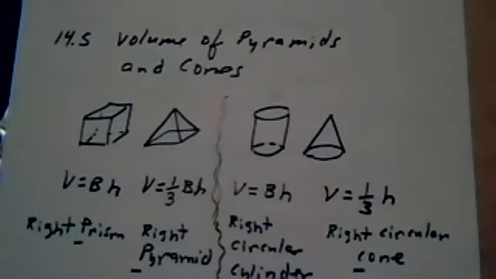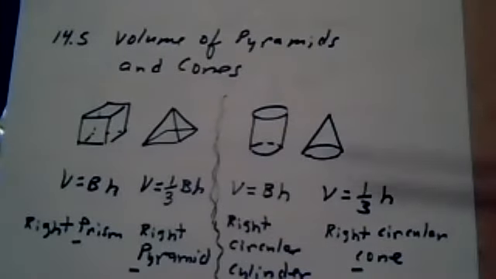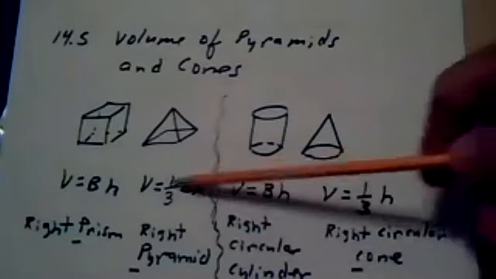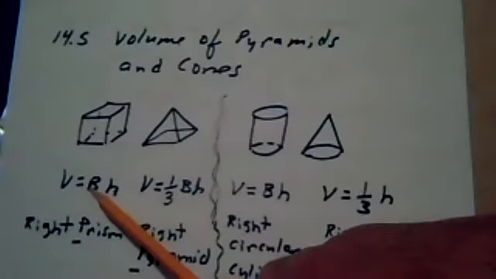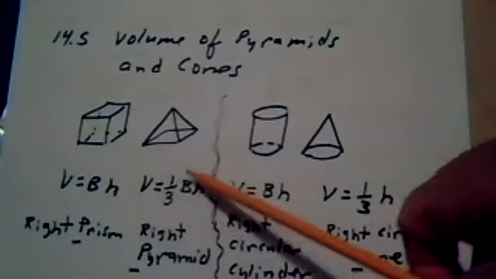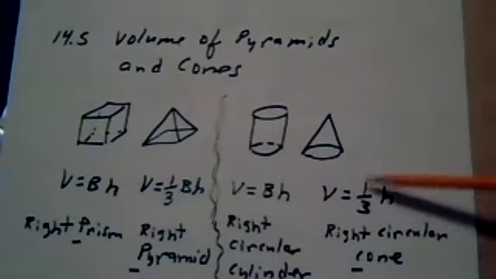Right here we have the volume of pyramids and cones. The reason we have them lined up like this is because there's a special relationship. Notice I broke it up into 2 parts. Notice how these look: BH, 1/3 BH, BH, 1/3 BH.